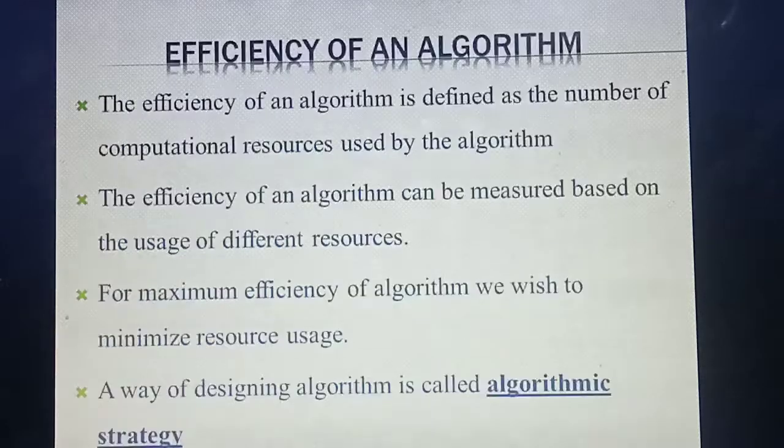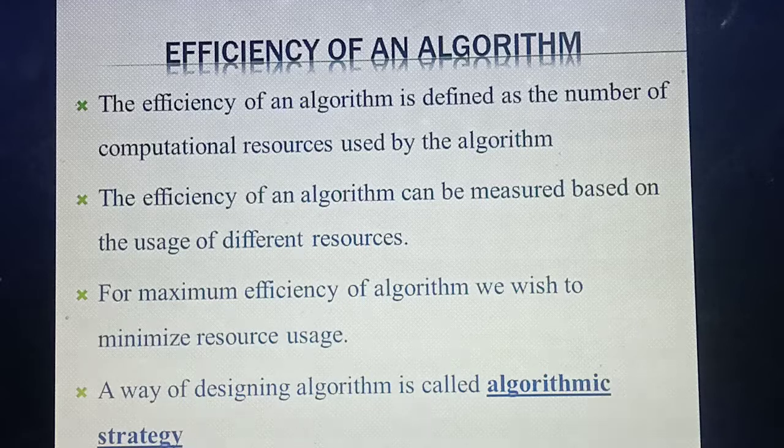Okay. The next one is the efficiency of an algorithm. So efficiency of an algorithm, how you are going to calculate it, means the number of computational resources used by the algorithm. Okay.